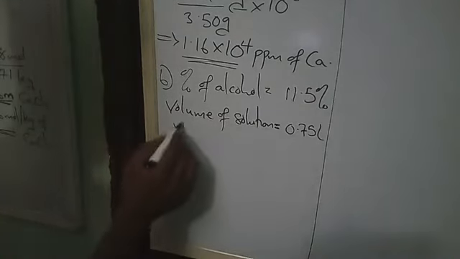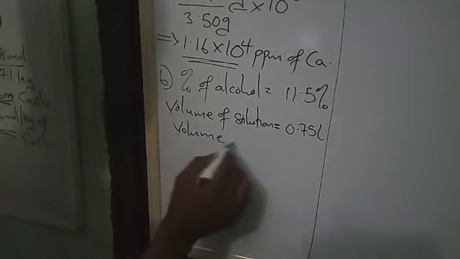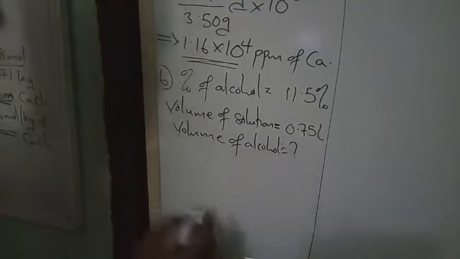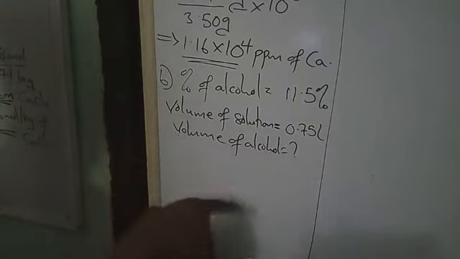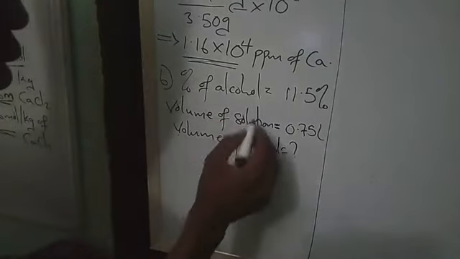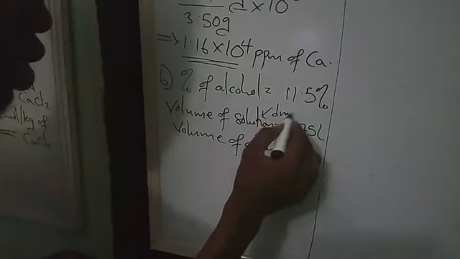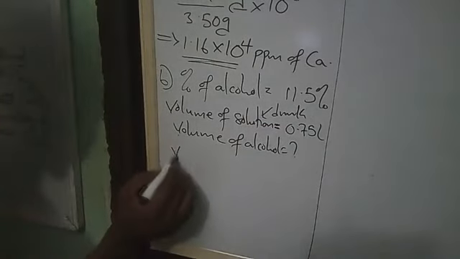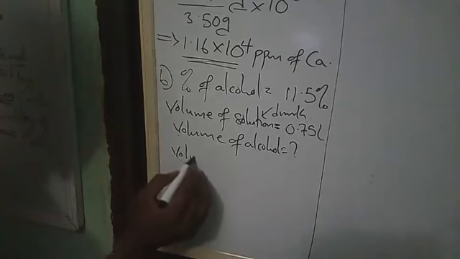Now, we don't know the volume of the alcohol, and this volume of alcohol is what we're looking for. The alcohol is part of the drink, and the solution is the drink. So we'll be using our part by volume.